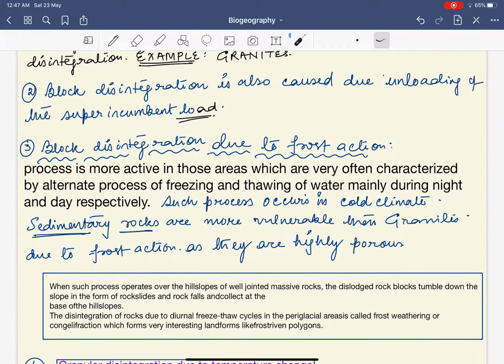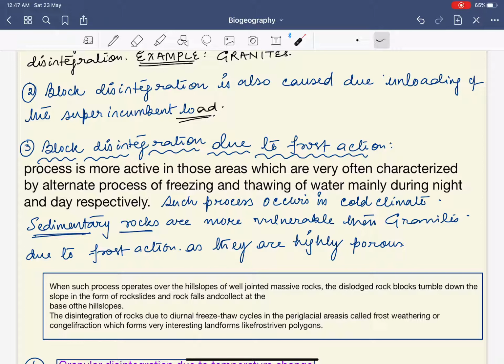Next, block disintegration due to the frost action. See, the process is more active in those areas which are very often characterized by alternate freezing and thawing of water, mainly during the night and day respectively. I had already said that in the desert, the nighttime temperature even falls below 0 degrees centigrade, meaning it has a freezing temperature over there.